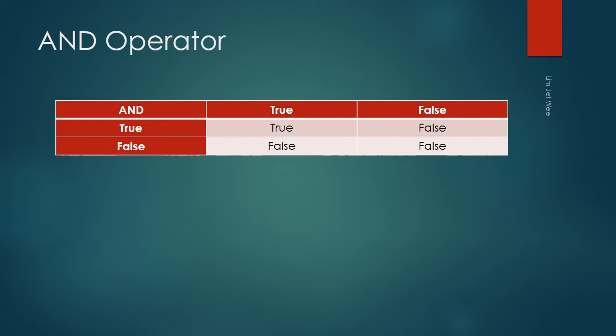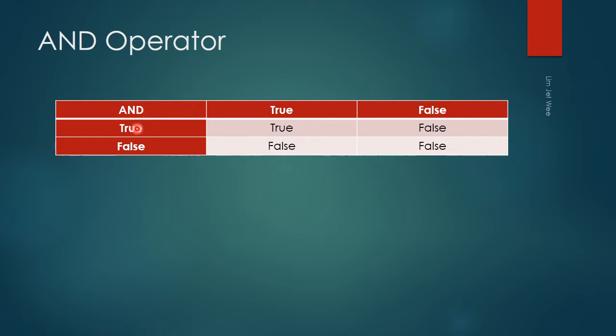This is a small little table that I use. For your boolean, you have true, false, and another true, false. Since AND is a binary operator, you have something and something.